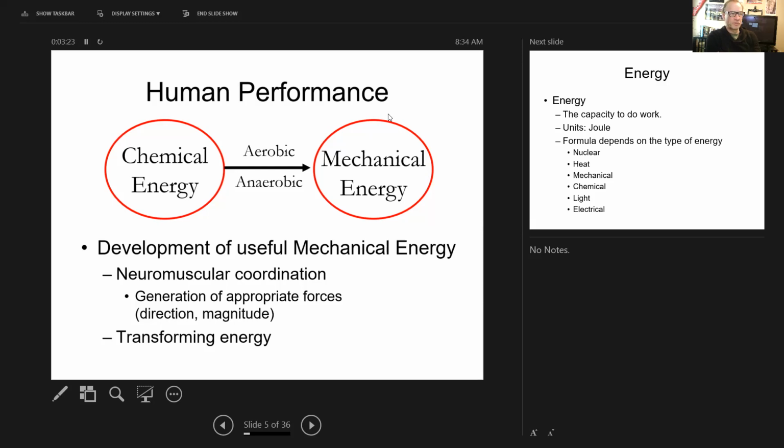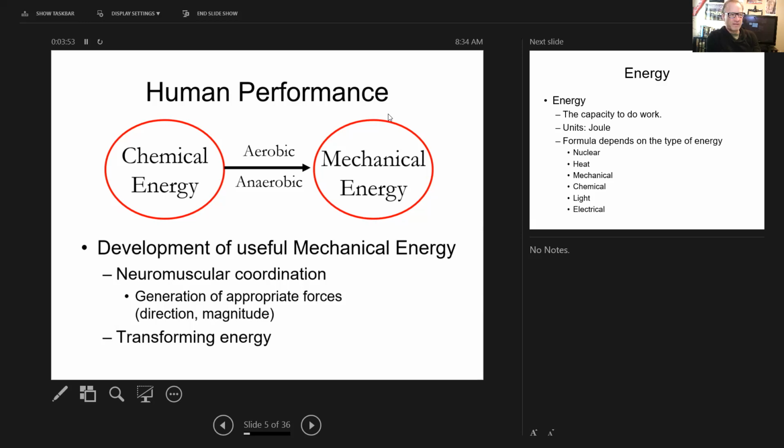And even more specifically, when we think of this ability of the body to develop useful mechanical energy, that ends up being something that we need to start thinking about as neuromuscular coordination, or co-ordering, ordering things in a particular way so that we have a useful mechanical energy to cause movement.